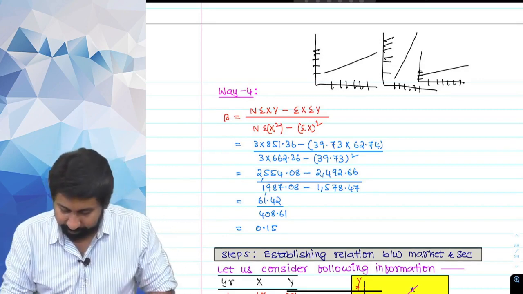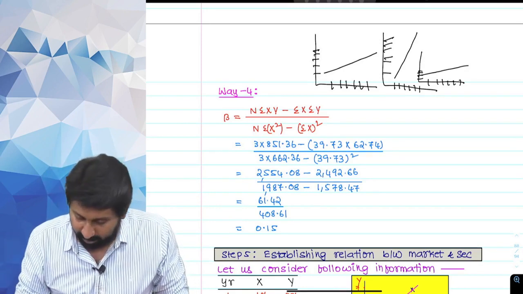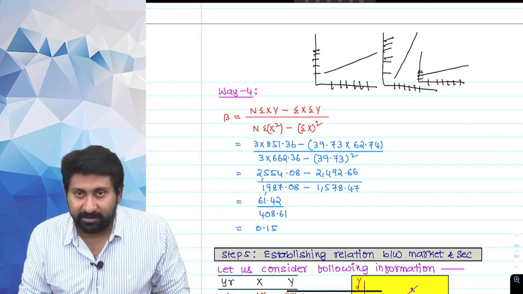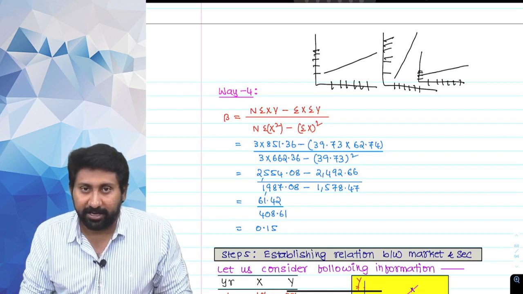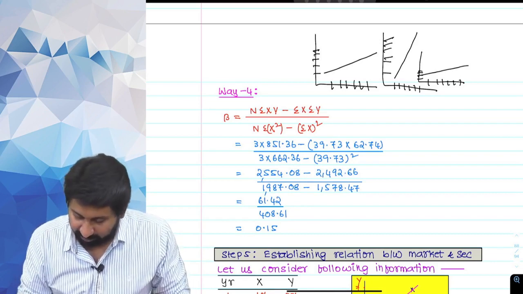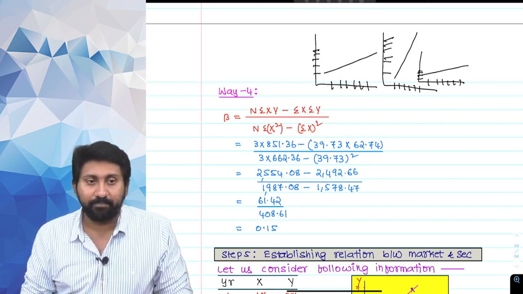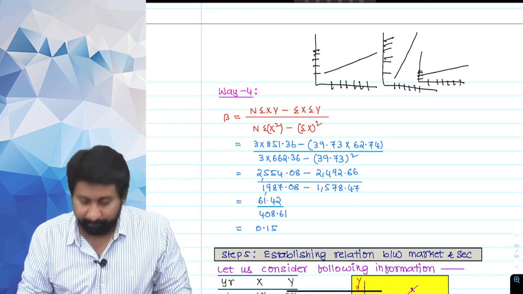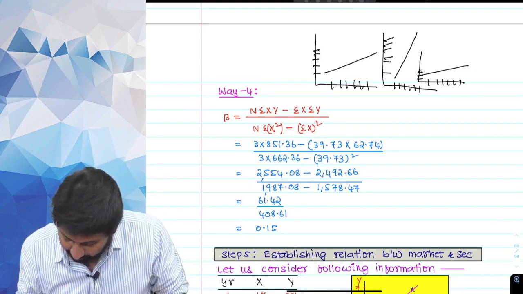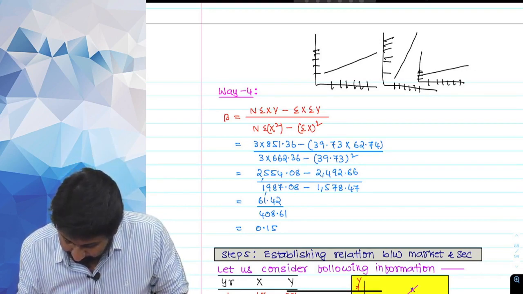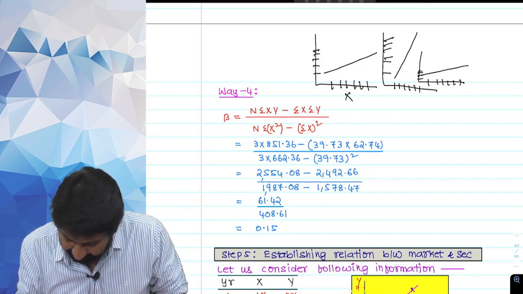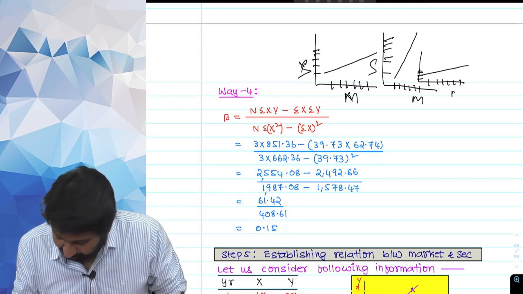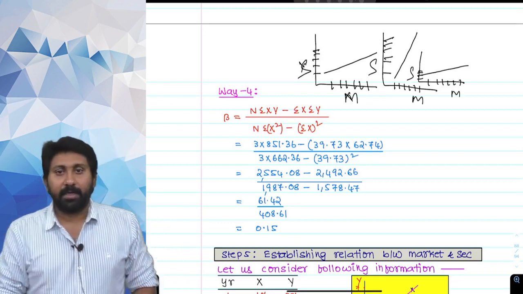Now listen carefully. This is a graph, the second one is a graph, the third one is also a graph. X, Y: market, security.